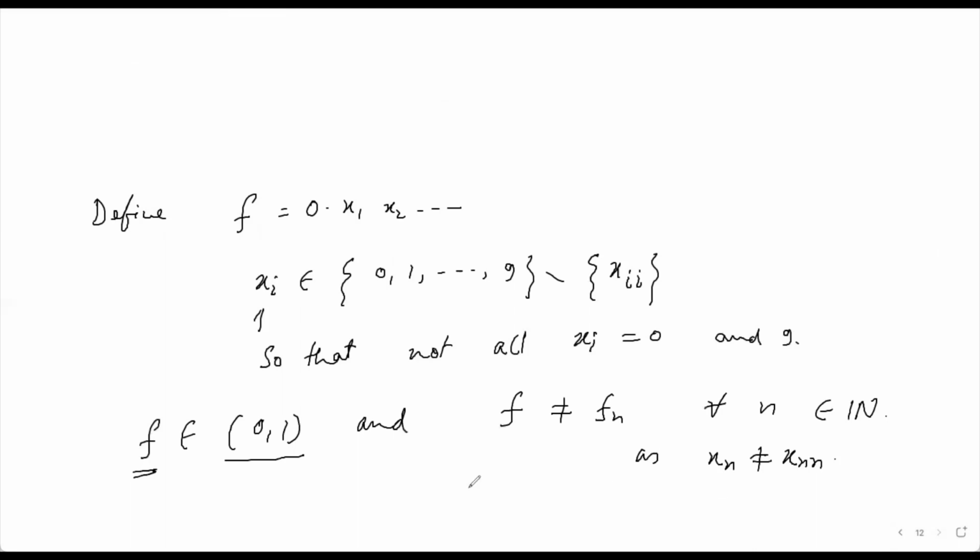Therefore this implies (0,1) is not countable. So this is a contradiction, and we conclude that (0,1) is uncountable. Okay, so we stop this lecture here.